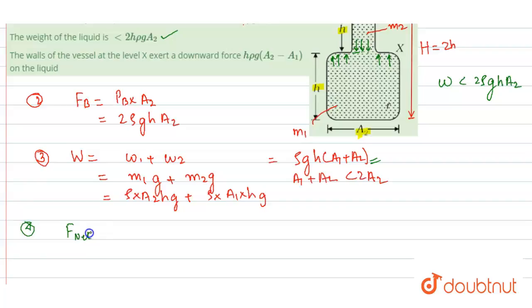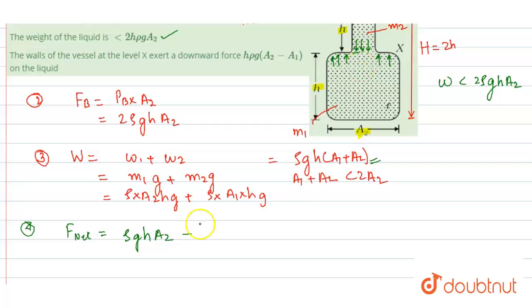The upward force is more, so we can take the pressure at depth x. So the pressure at depth x will be simply rho g h, because you see that the depth till here is simply h. So the net force in the upward direction is rho g h A2.